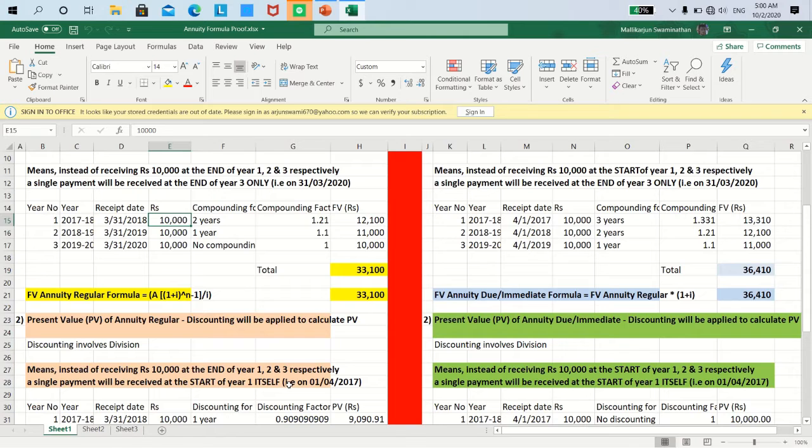Similarly, in the case of the second installment, he has to pay me the 10,000 not on 31st of March 2019, but on 31st of March 2020, meaning after 1 year.